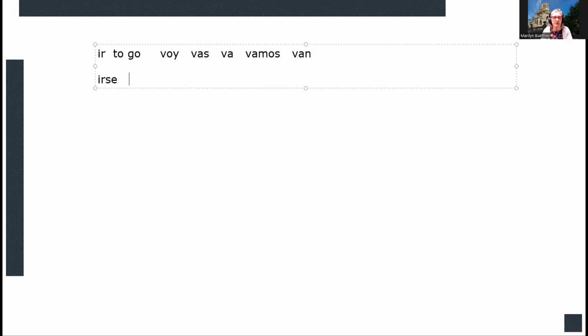And here it changes very slightly the meaning of to go. It means more, irse is more like to leave, to take off. And I'm not talking about a plane. Yeah, to take off, to leave a place.